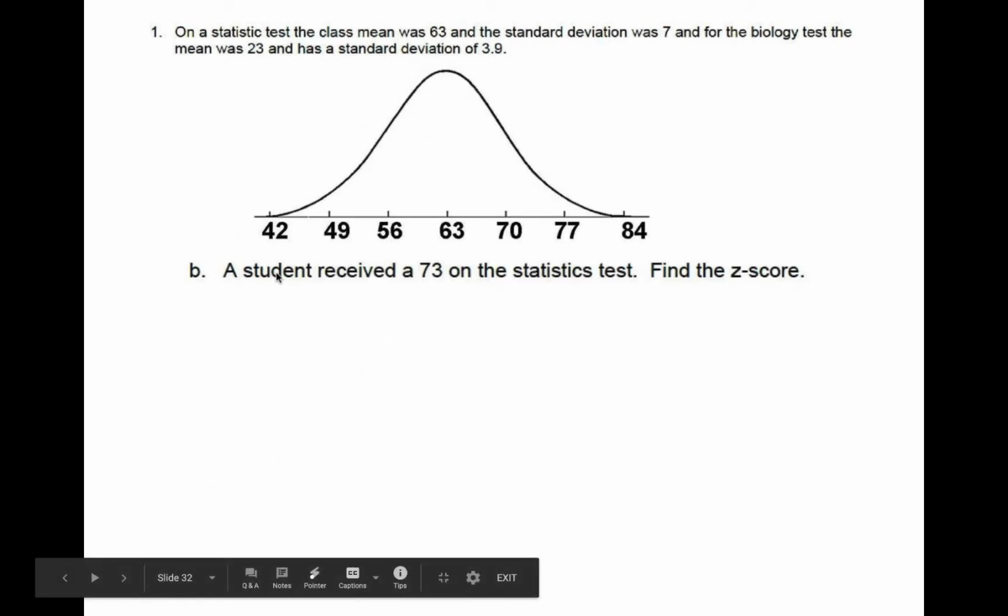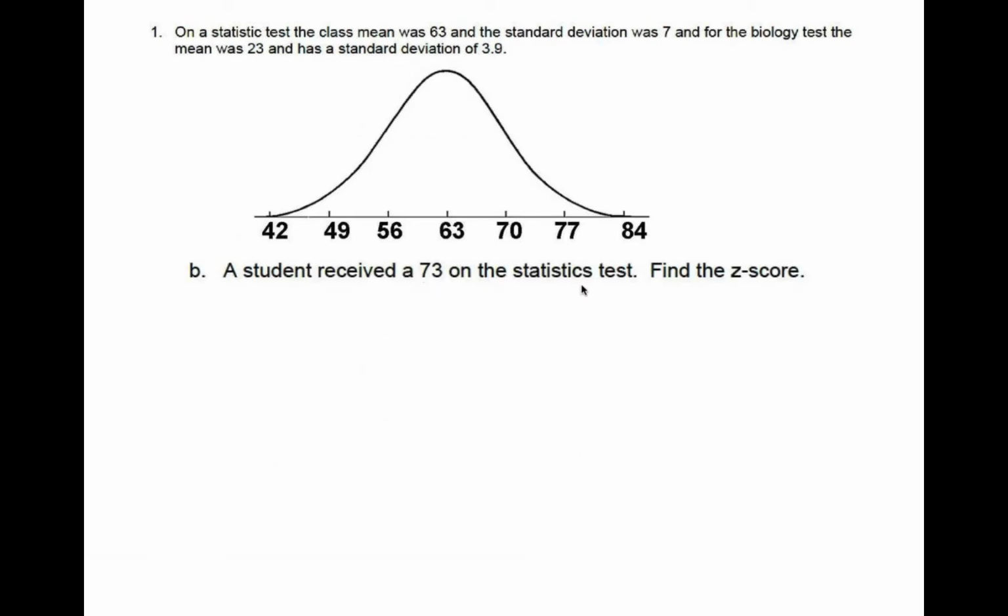So part B says a student received a 73 on the statistics test. Find the z-score. So notice that 73 is somewhere between 70 and 77. So it's more than one standard deviation above the mean, but less than 2 standard deviations above the mean. So to find exactly how many standard deviations above, we're going to use the formula for z-scores.